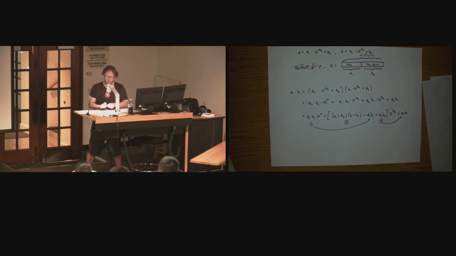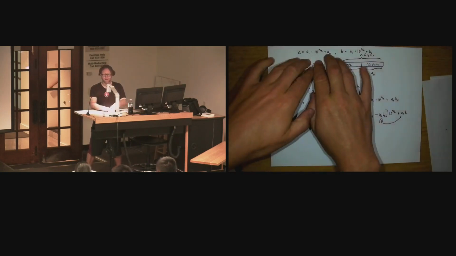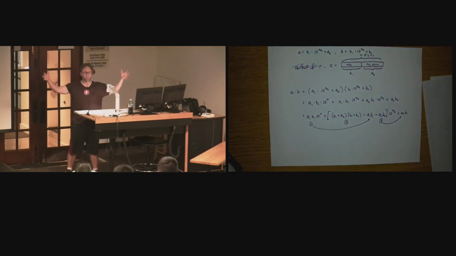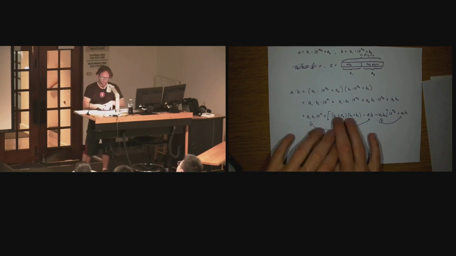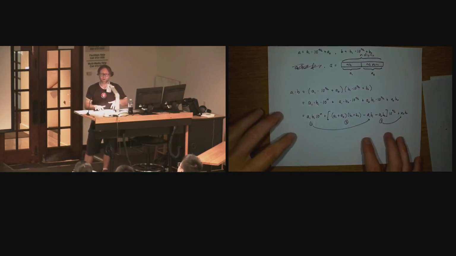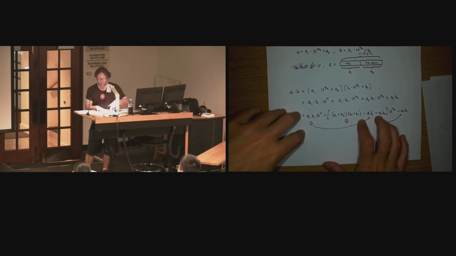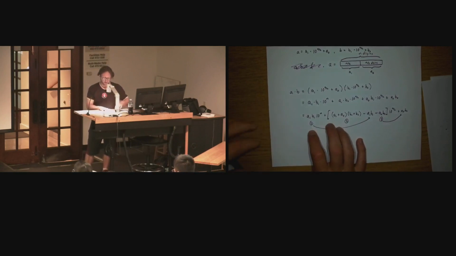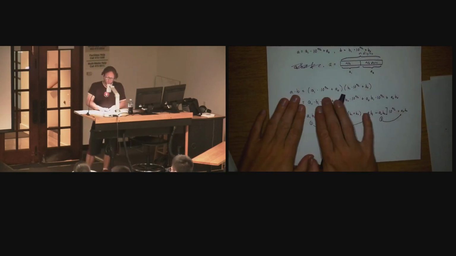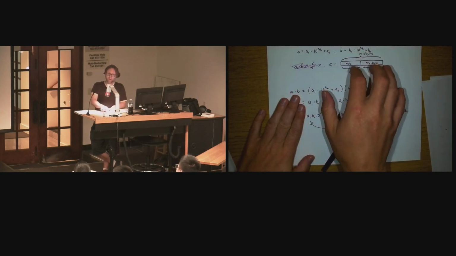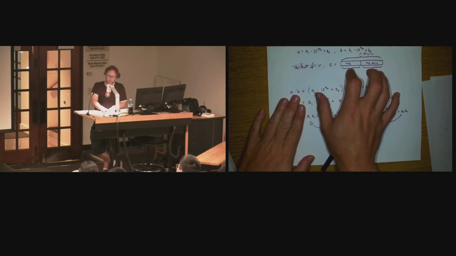Right? So we've taken two n-digit numbers and divided them out into 4 n divided by 2-digit numbers, and we've come up with this equation right here that we now have to actually multiply everything, subtract everything, and add everything together. If we started out with, say, 16-digit numbers, we cut these down.